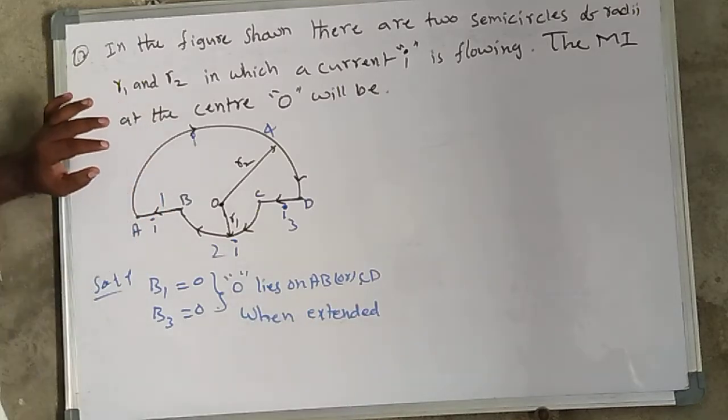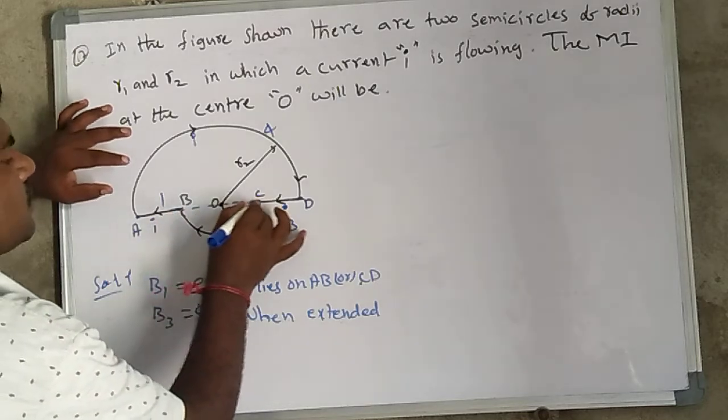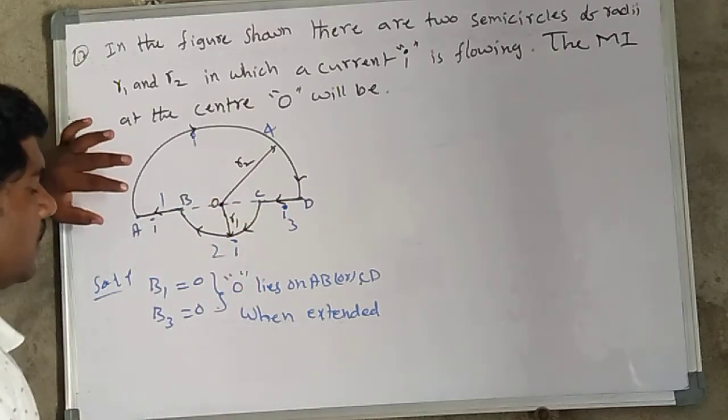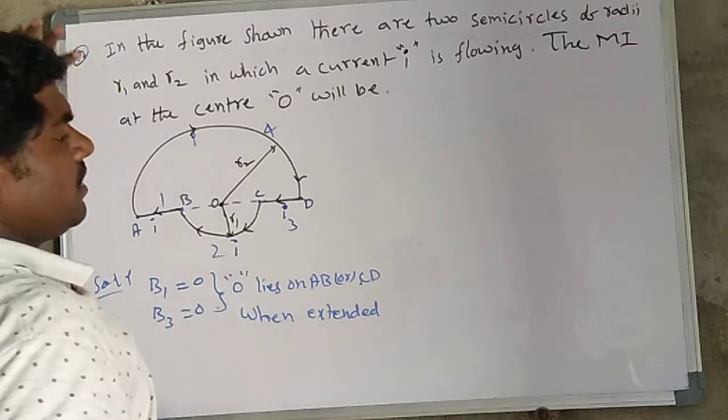This is the extended portion. So that's why the magnetic fields B1 and B3 are 0.